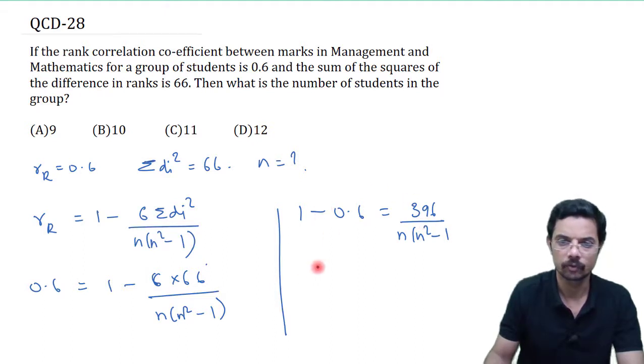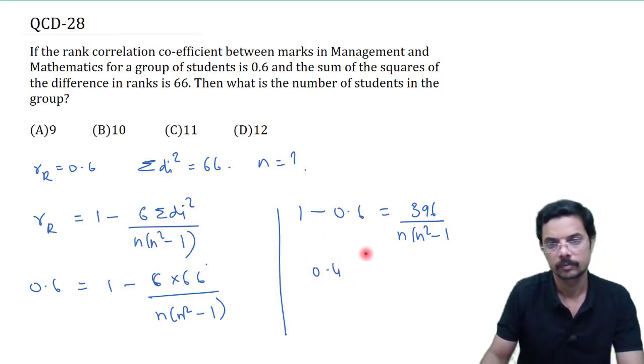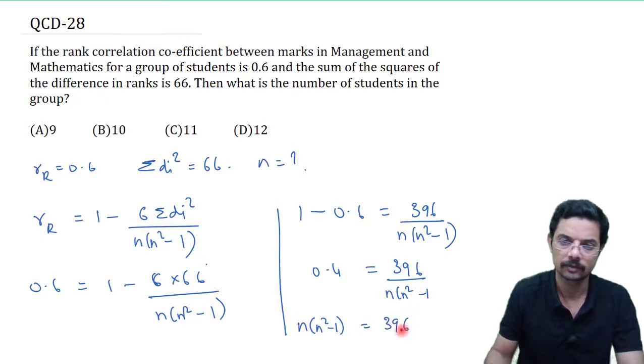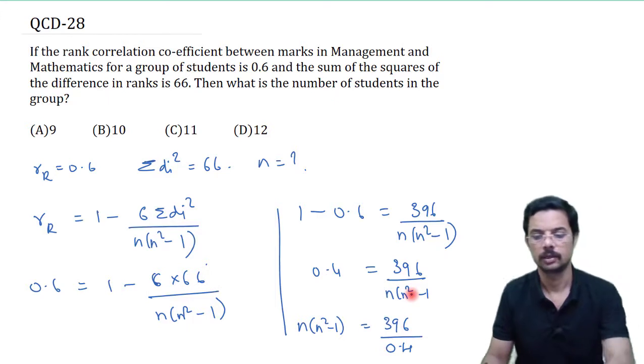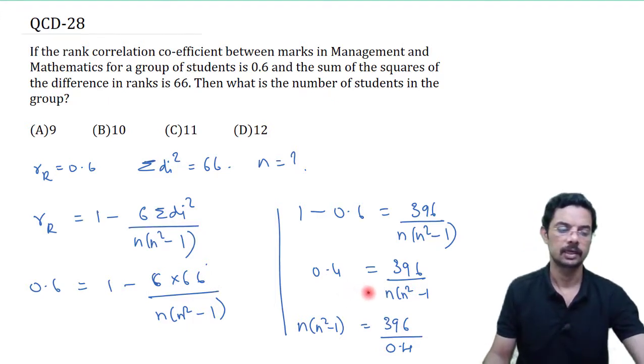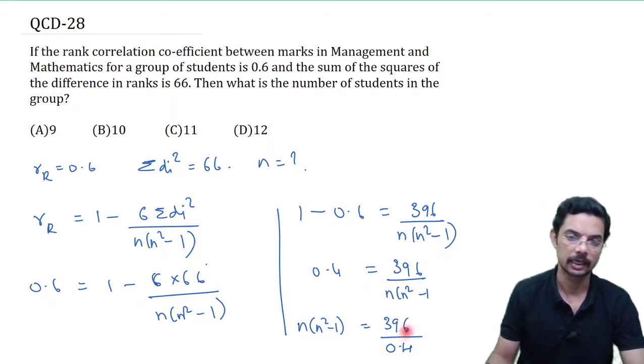So this is 0.4 is equal to 396 divided by n into n square minus 1. Okay, so n into n square minus 1 will be equal to 396 divided by 0.4. Okay, so we shall further simplify this thing and we get it as 990.